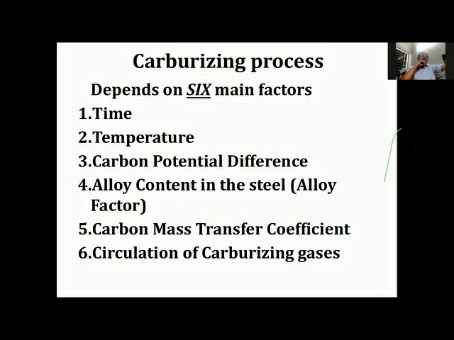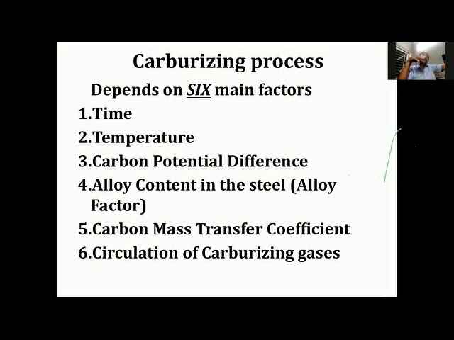But of course, you have to also consider the fact that some of the steels, and many times some of the components which are delicate in construction, will have more distortion if you change the carburizing temperature upward. So we have to consider both the aspects together and take a decision.